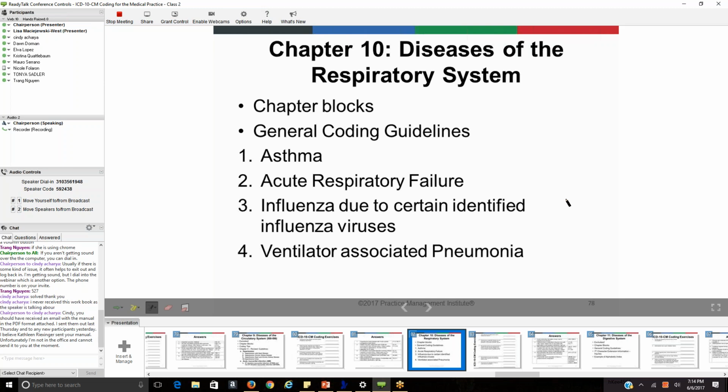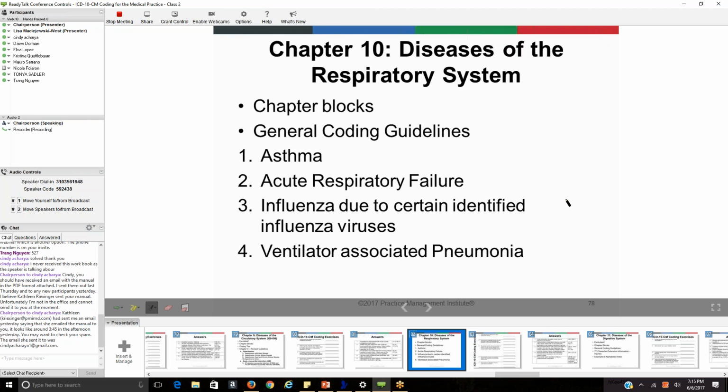Ventilator-associated pneumonia. If you have a patient on a ventilator and they develop pneumonia, this is on page 67. As with all procedural or post-procedural complications, and this is a procedural or post-procedural complication for sure, the code assignment is based on the provider's documentation of the relationship between the condition and the procedure.